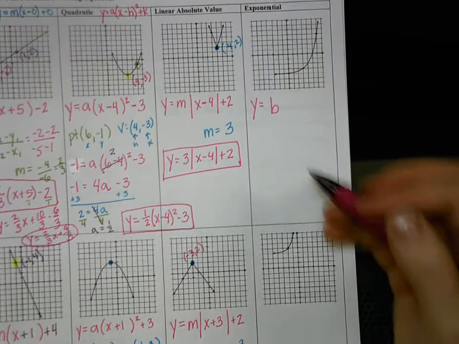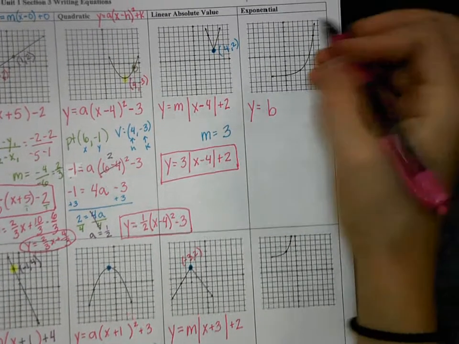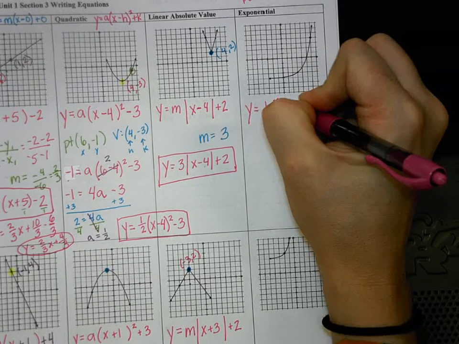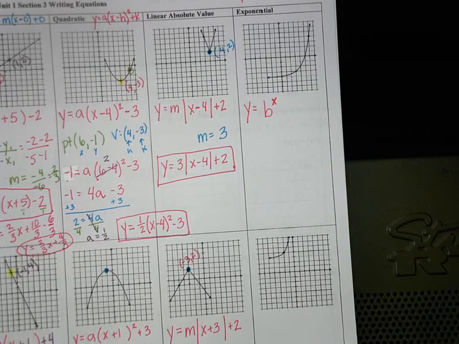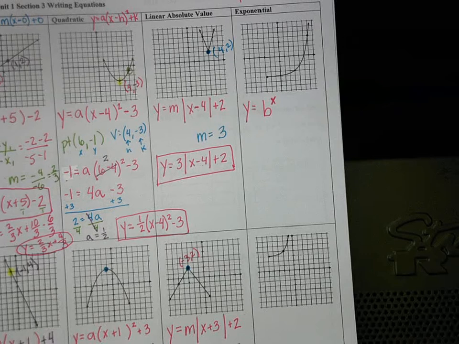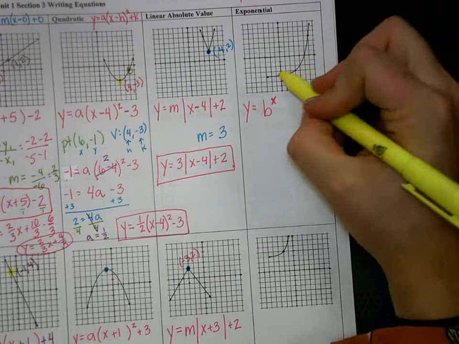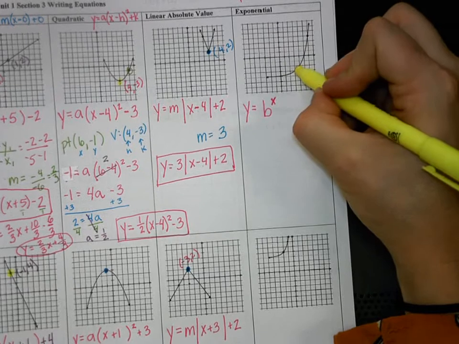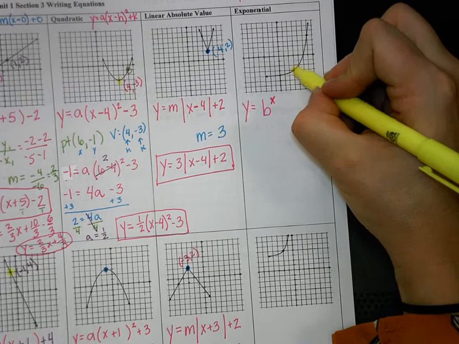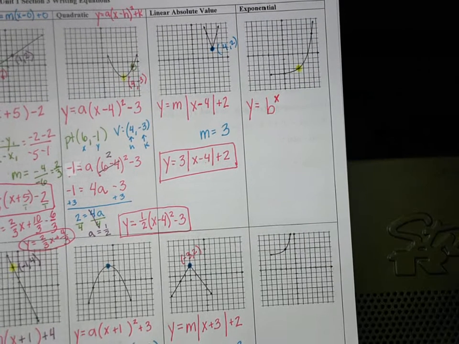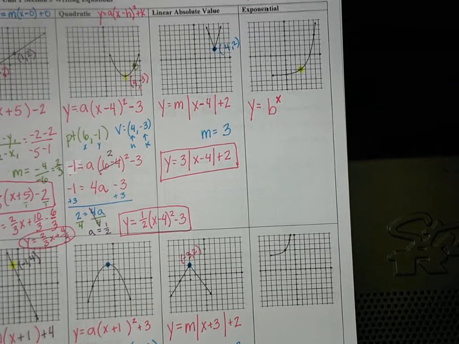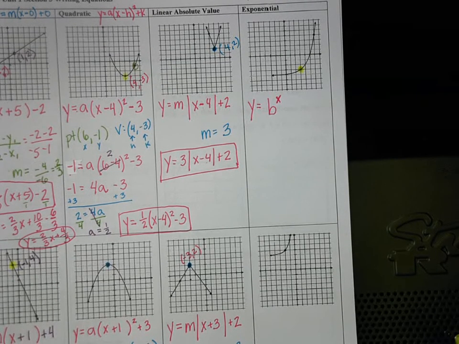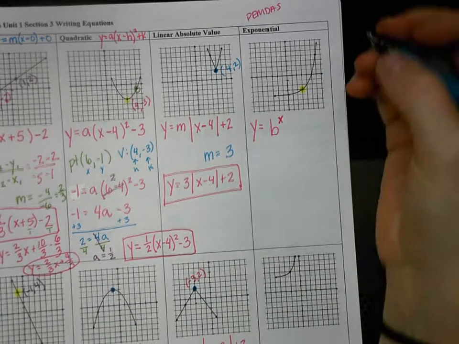I'll still have that in exponential, but in this case, my x value changes in my exponent. So the starting point I'm looking at is where this function is turning, which is right here. So for the parent graph, what's your parent point?